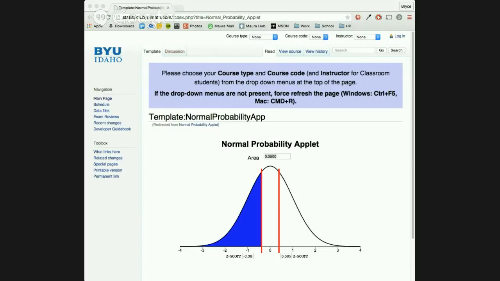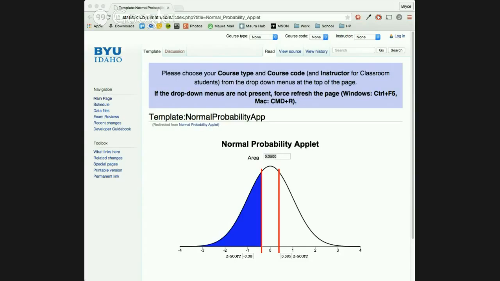Let's see if we do 0.385 times... I got 0.573. Let's see here. Maybe I did that wrong. I don't like this calculator. I'm getting a different calculator.